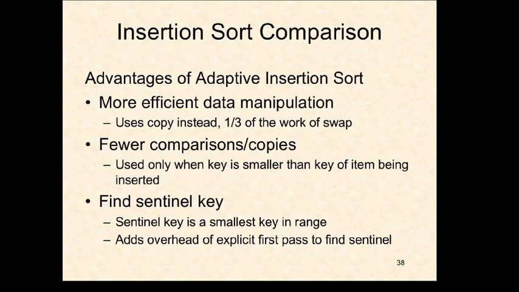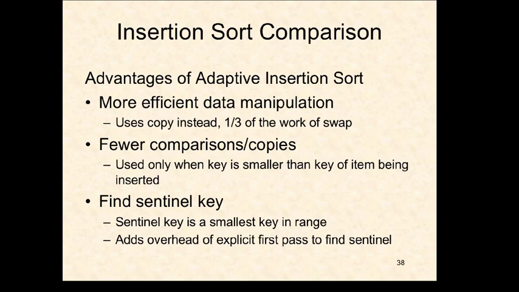So what are the advantages of the adaptive insertion sort? More efficient data manipulation. We are copying instead of swapping, cutting the constant factor by 2 operations. It does fewer comparisons and copies.